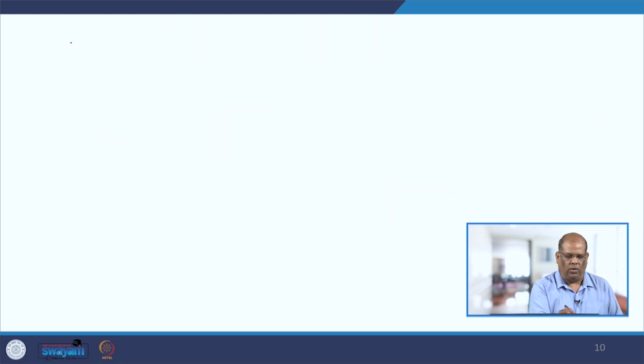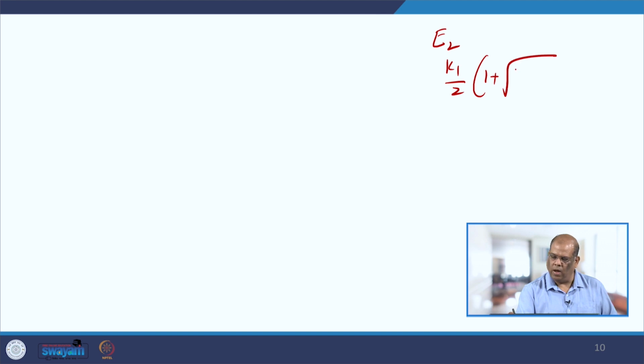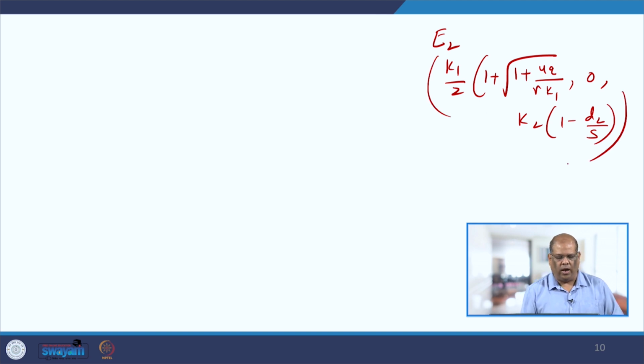Let us go to the second equilibrium point E2, which is K1 by 2, 1 plus square root of 1 plus 4Q by RK1, 0, and K2 1 minus D2 by S. The corresponding Jacobian matrix will be given by V2.